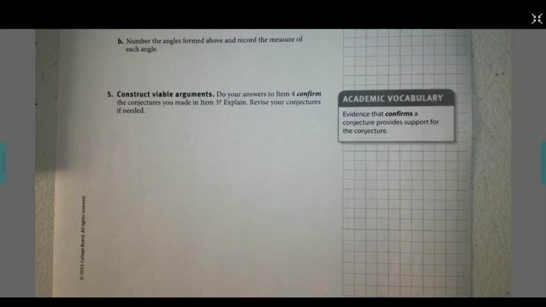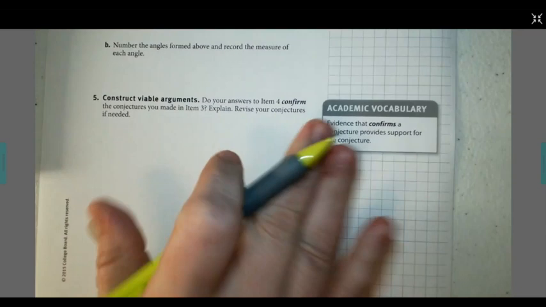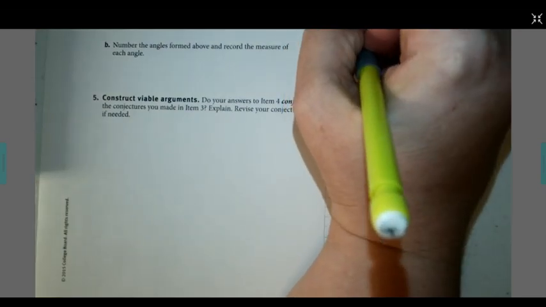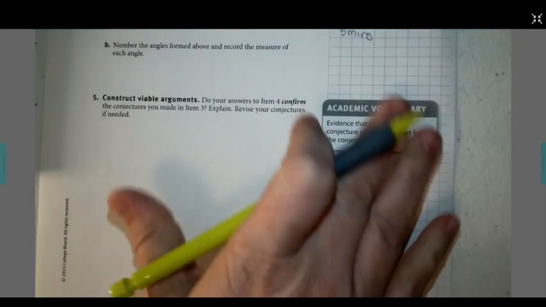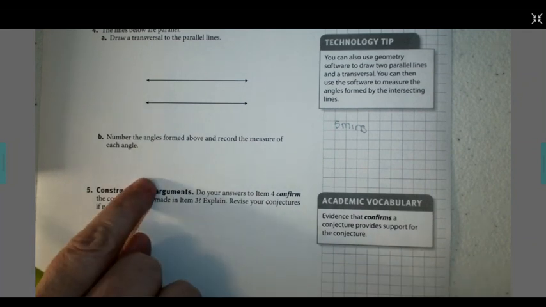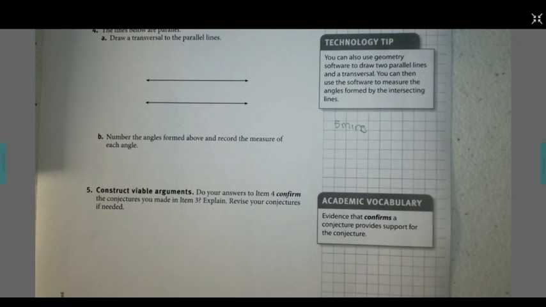So this time I'm going to give you approximately 5 minutes to create your own transversal and measure your angles 1, 2, 3, 4, 5, 6, 7, and 8 that were formed by the transversal and the parallel lines. And then question number 5 asks you, do your answers from 4 confirm what we wrote down in 3, or do we need to revise what we wrote down in 3?